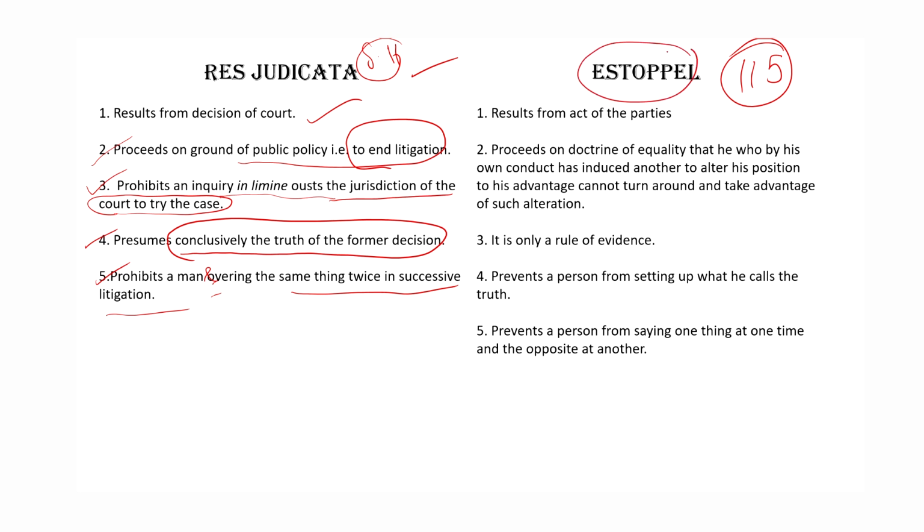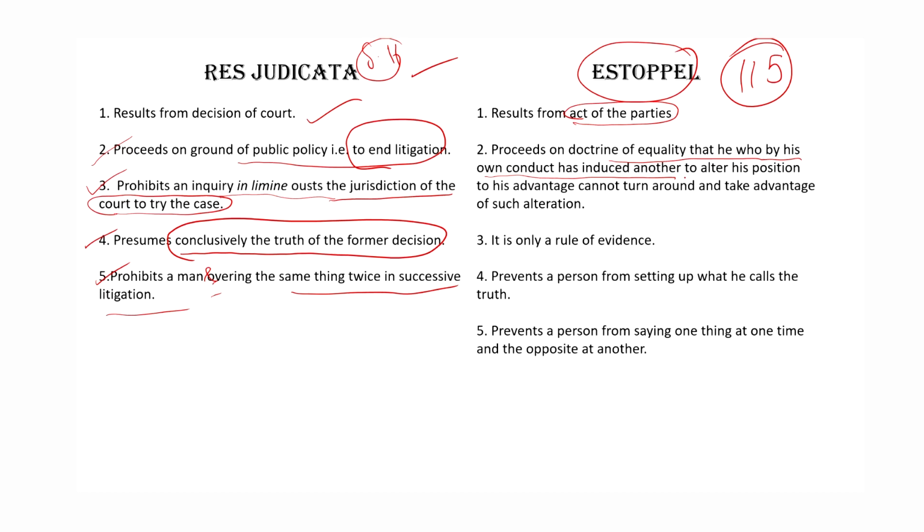And now see this estoppel. This results from the act of the parties, because here there is a question of promise, a question of representation. When I represent something through my statement, it proceeds on the doctrine of equity, that he who by his own conduct has induced another, if I by my own conduct induce you, then subsequently I cannot go back from my statement.